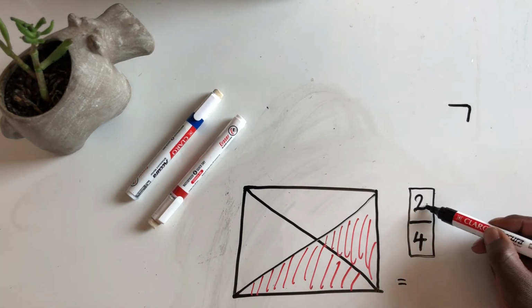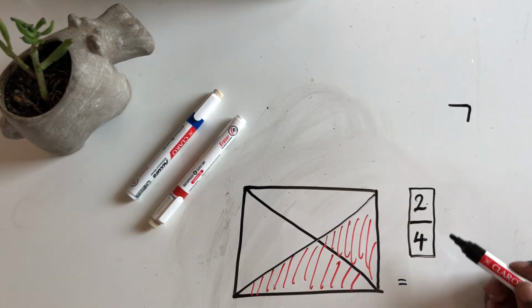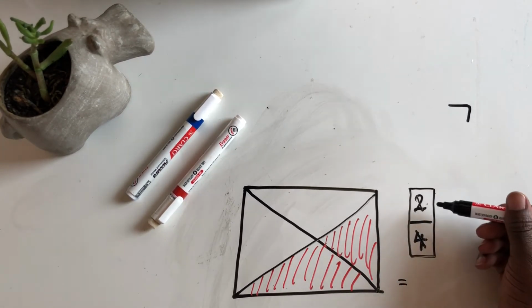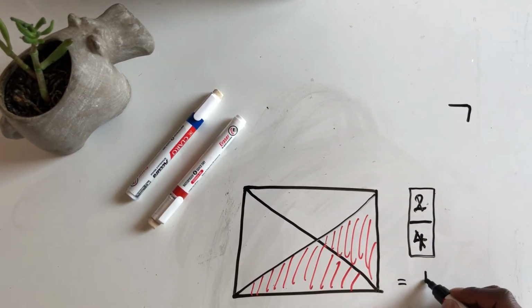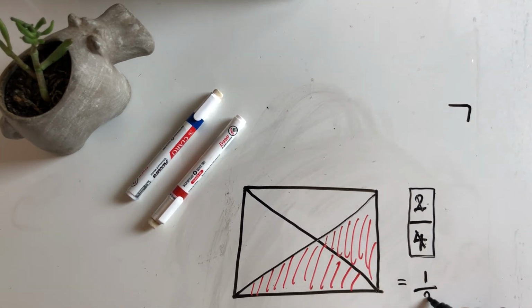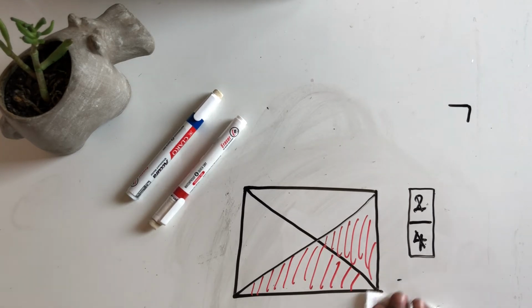If we were to divide both of these numbers by 2, 2 into 2 is 1, and 2 into 4 is 2. So we have shaded half the shape. Okay? Brilliant.